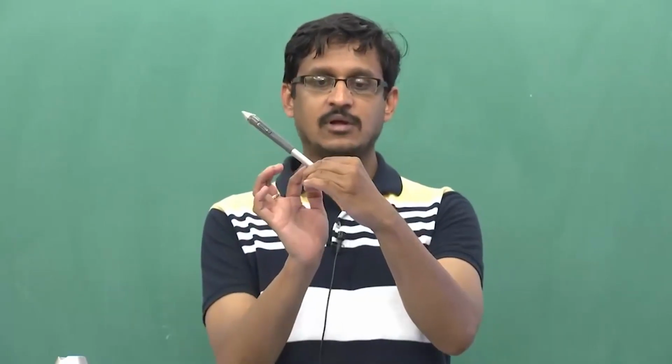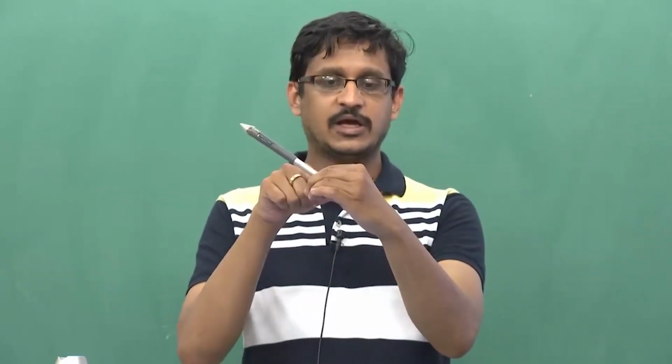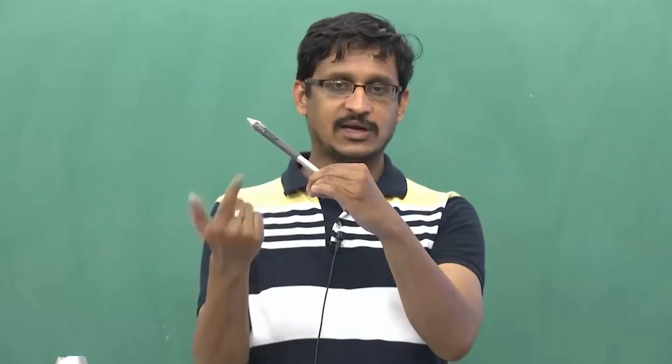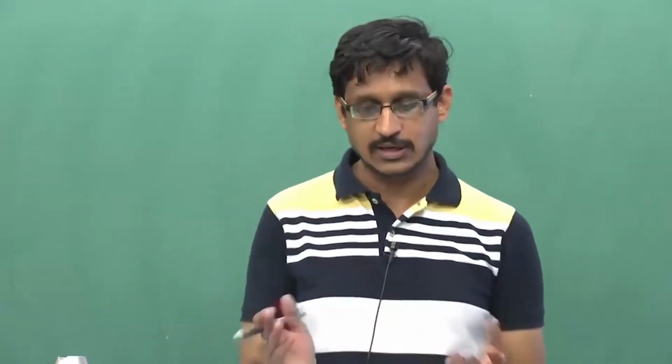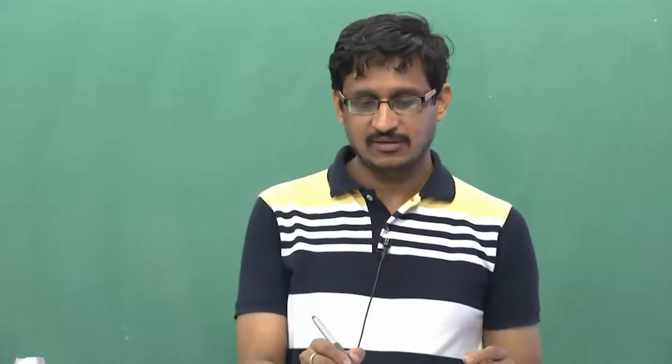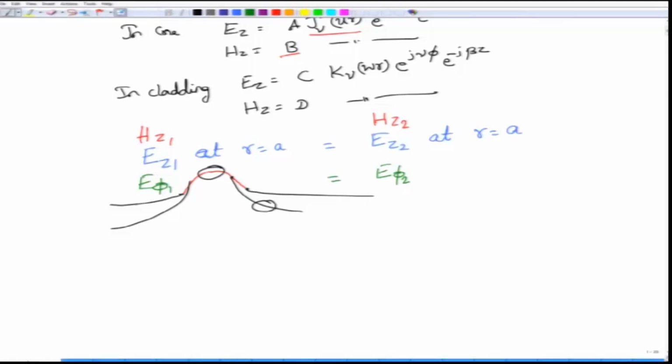So, for this curve at R equal to A, which separates the core and the cladding, this radial component is the normal component, and that is not the constraint that I want to apply. So, for R equal to A in the cylindrical coordinate system, Ez and E phi are the tangential components for the electric field, Hz and H phi are the tangential components for the magnetic field. So, the last one is that H phi 1 must be equal to H phi 2.